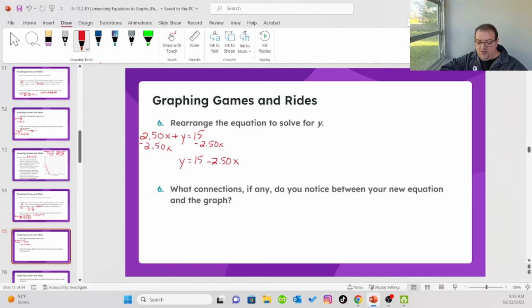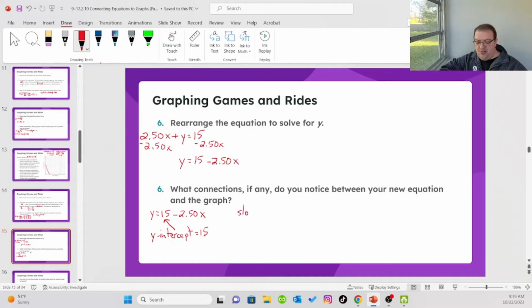So first off, we said our equation is y equals 15 minus 2.50x. We said that our y-intercept was 15. And again, we see that the number that is not attached to the x ends up being our y-intercept.